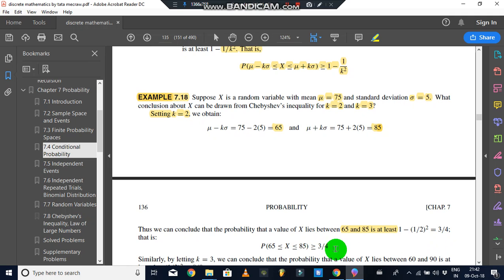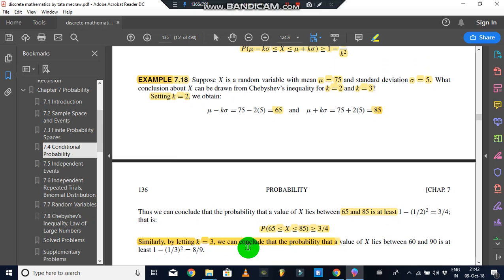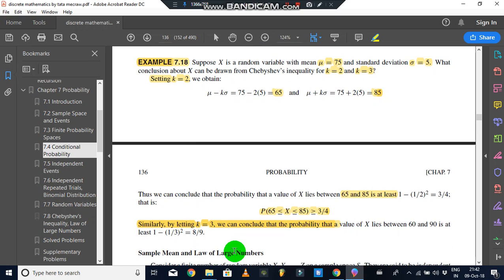This is your answer. Similarly, you put in the other k value, which is 3, and you find 8 upon 9.